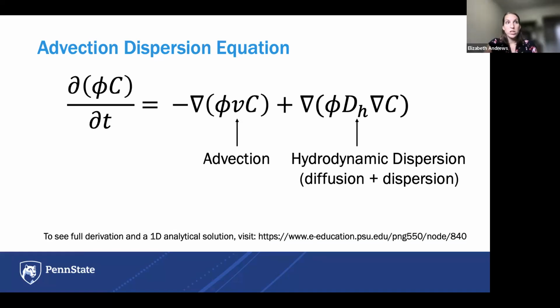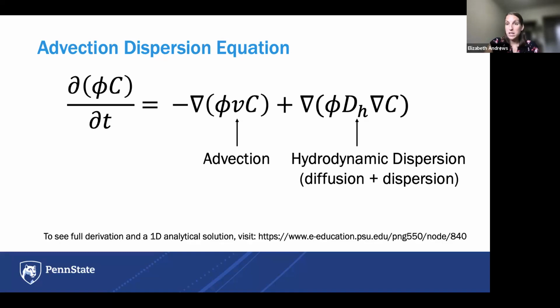If we try to describe this with an equation, we have the advection dispersion equation, and this is just an overview of it. If you want more details about how we get to this equation, I recommend you visit the website at the bottom of the page. But what this equation says is that the change in concentration with time is equal to the advective flux, or the solute that moves through due to advection, and the hydrodynamic dispersion.